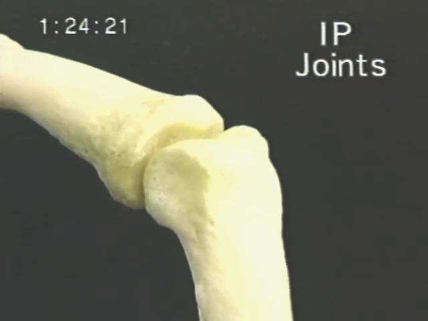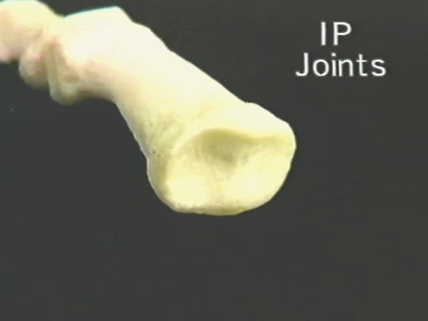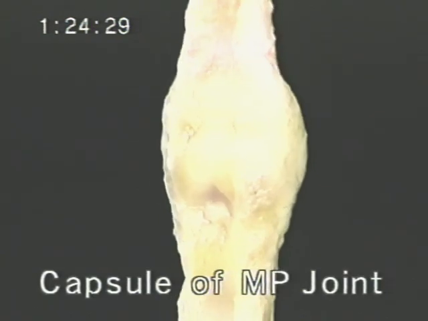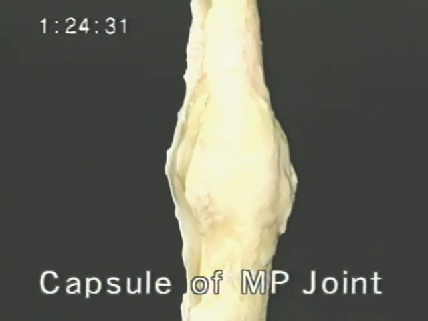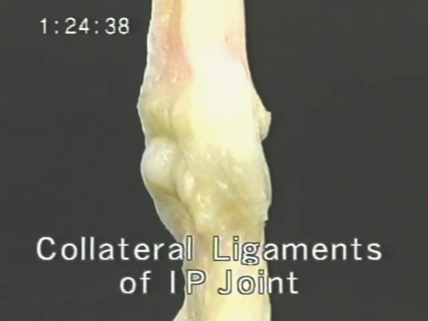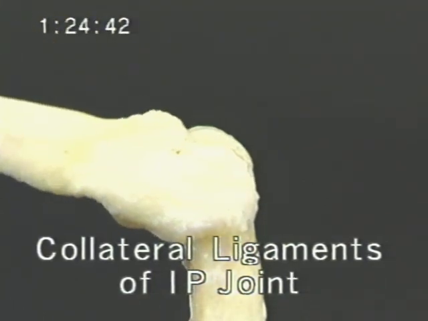The base of the adjoining phalanx has a corresponding curve to it. The capsule of an IP joint is much like that of an MP joint, but the collateral ligaments are different in that they're equally tight in flexion and in extension.